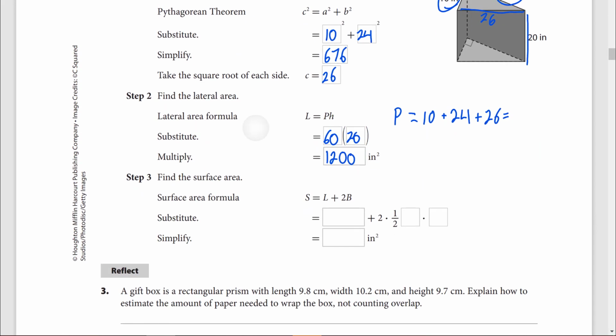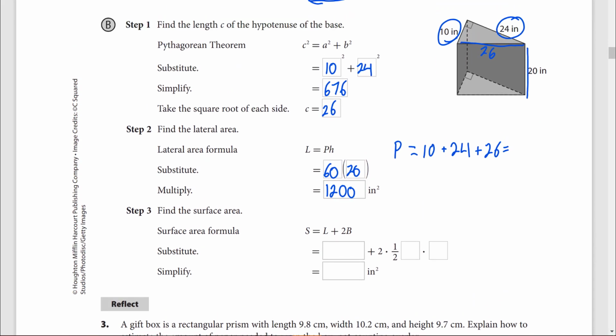Now looking at the area of the bases, I'm going to need to add those to my lateral area. So the two sides I care about here, I need to know my base and my height, which simply means I need to know two sides that meet at a 90-degree angle, or one side and the distance from it to the other point.